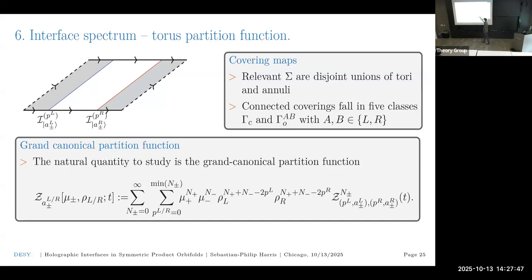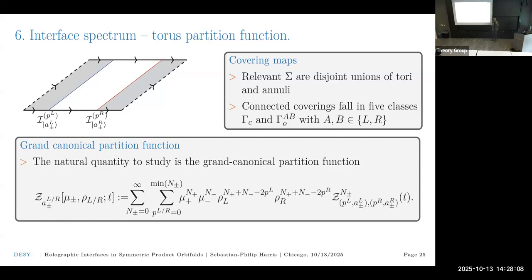The only question we need to answer now is what the relevant covering maps are that can contribute to this. On the one hand, we can have just the covering maps that we have already seen in the absence of the interfaces, so just coverings of the torus by the torus. But additionally, the covering space can now also contain some annuli.